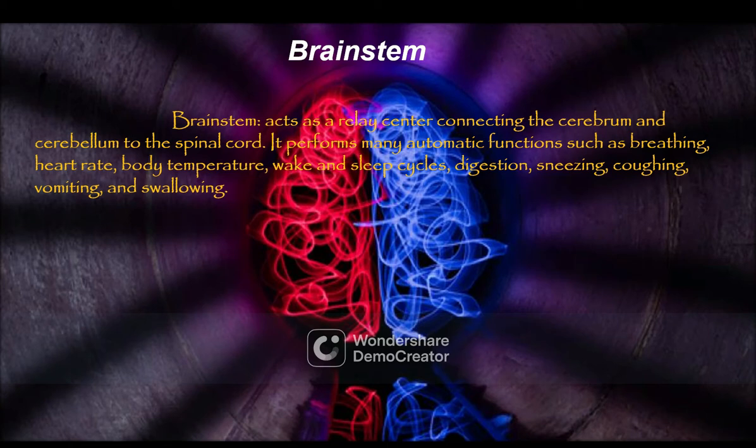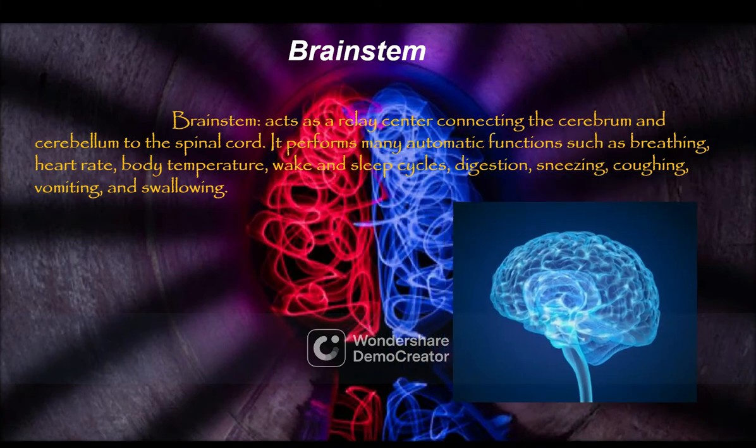It is also of prime importance in the conveyance of motor and sensory pathways from the rest of the body and from body back to the brain. These pathways include the corticospinal tract, the dorsal column medial lemniscus pathway, and the spinothalamic tract.